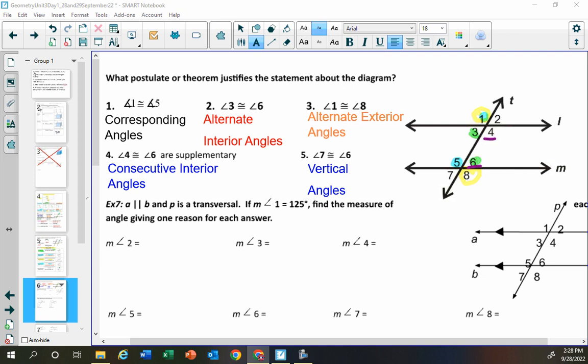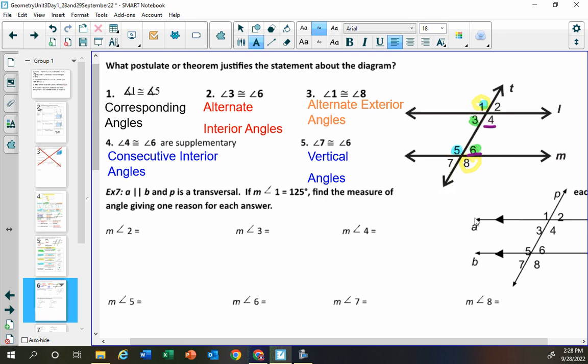So let's talk about this part down here. It says measure of angle 1 equals 125.